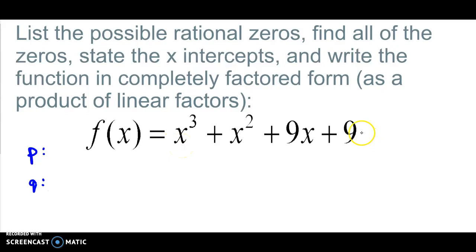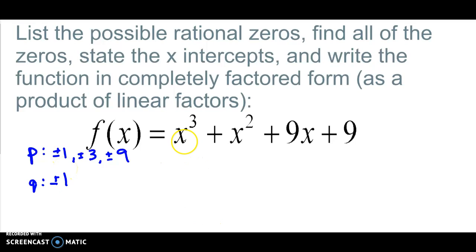To get us started here, I know that the factors of 9 would be 1, 3, and 9. Now notice that I'm putting plus or minus because negative 9 does divide into positive 9. The factors that divide into 1 would be plus or minus 1. Okay.